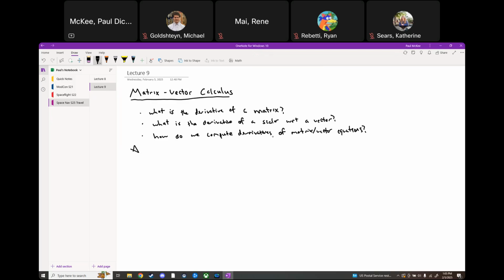The tool we're going to use is matrix vector calculus, and this is a tool we will use over and over again in this course. This will come up on at least one homework assignment. You need to be able to take partial derivatives of vector equations, which is absolutely necessary the later we go into this class. Sorry, I have a tendency to start talking before I finish writing.